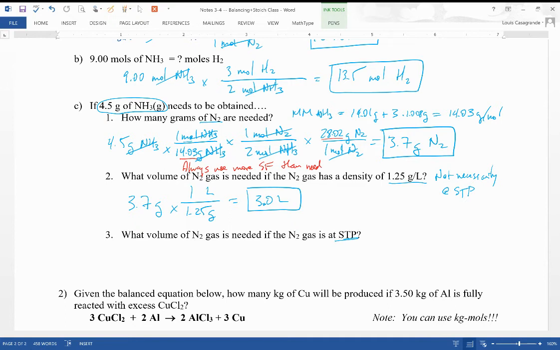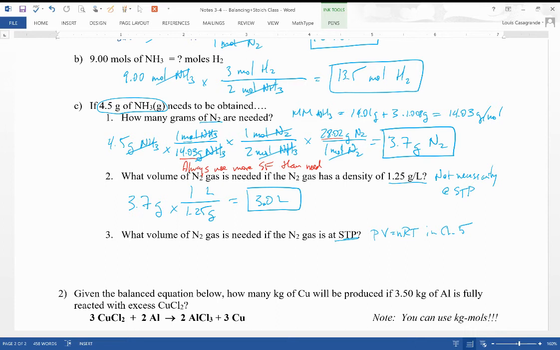Now, at STP, remember, we had 1 atmosphere and basically 273 Kelvin. So we can get that from PV equals nRT in chapter 5. And we'll get to that later on. But for now, let's go back. What volume of N2 gas is needed at STP?